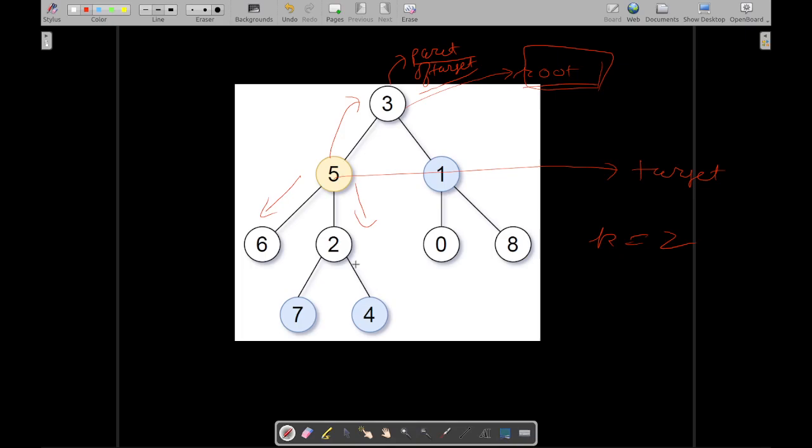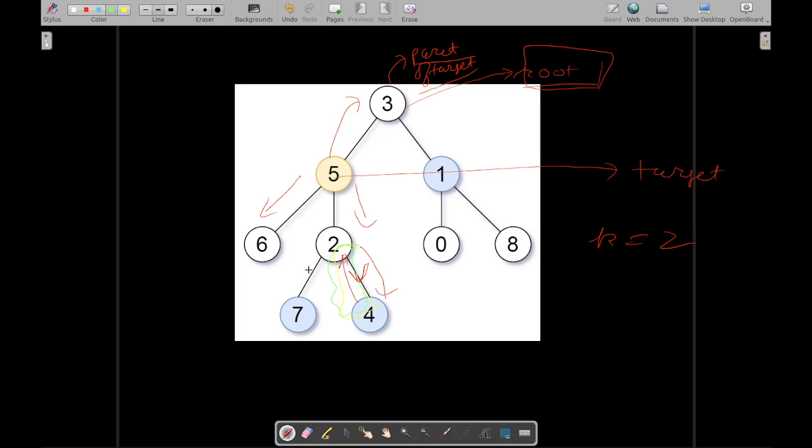For example, you can go from 2 to 4, but you cannot go from 4 to 2, not directly. By recursion you can go, but there is not a direct link between 4 and 2. There is a link going downwards from 2 to 4, but the link in the opposite direction is not there.